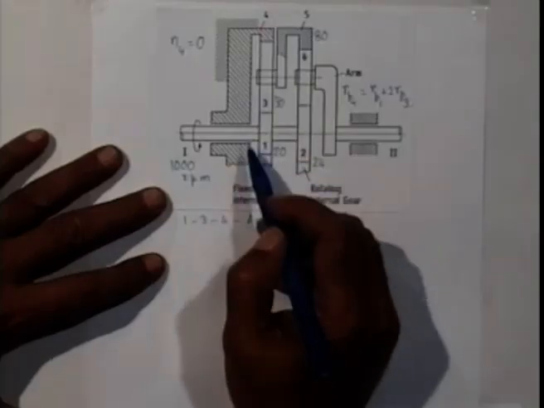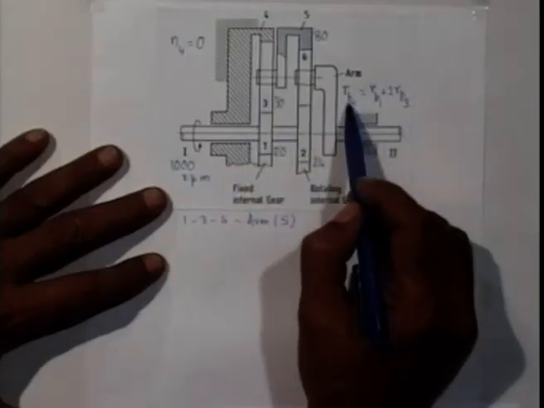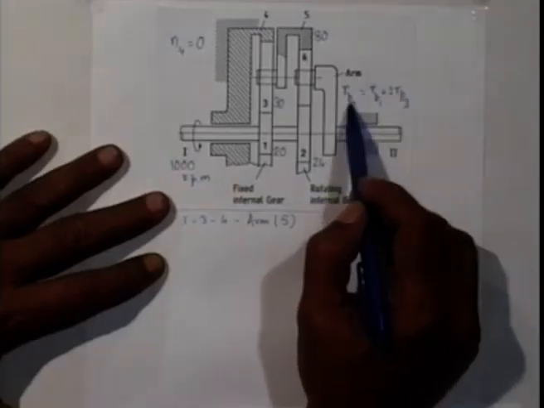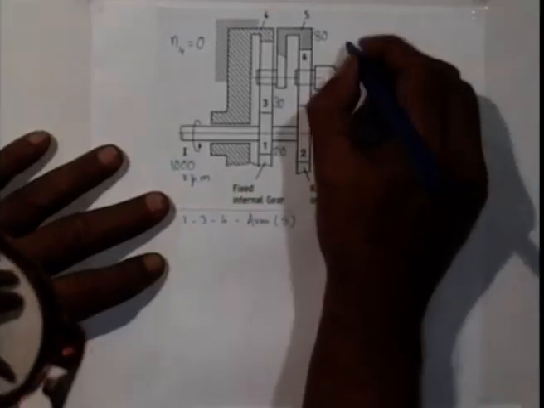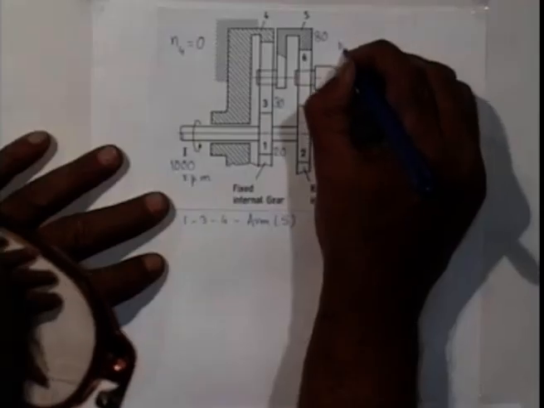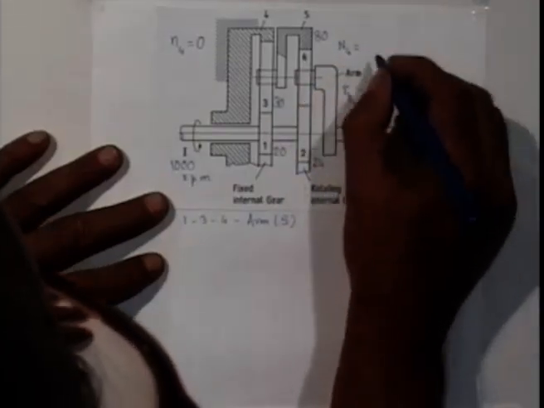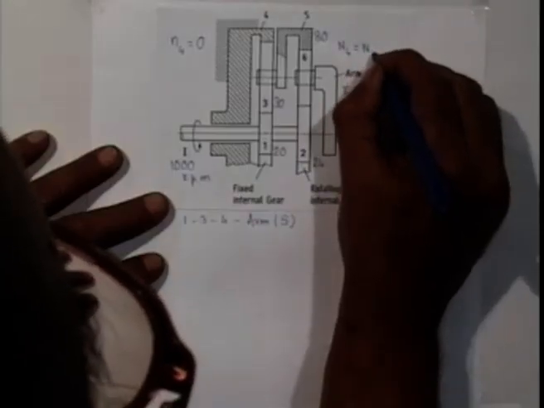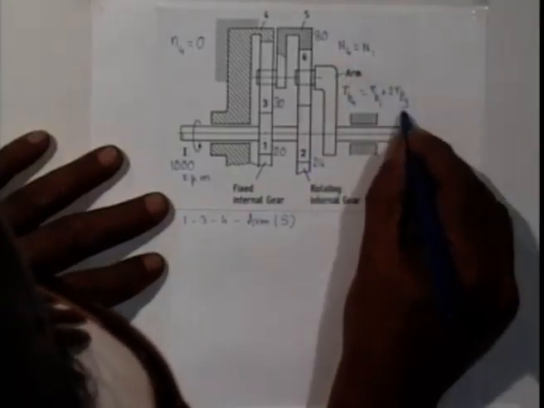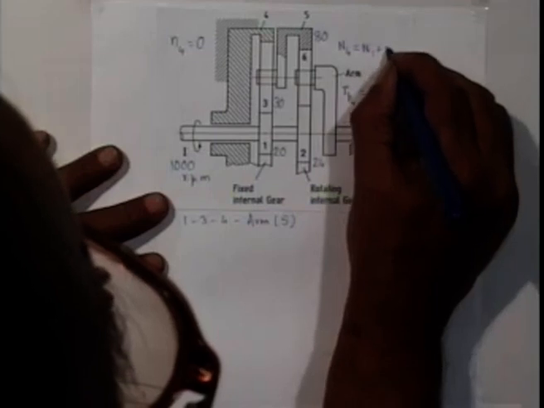Because all the gears have the same module, pitch circle radius is also proportional to the number of teeth. So from here I can write the number of teeth on gear 4 is the number of teeth on gear 1 plus twice the number of teeth on gear 3.